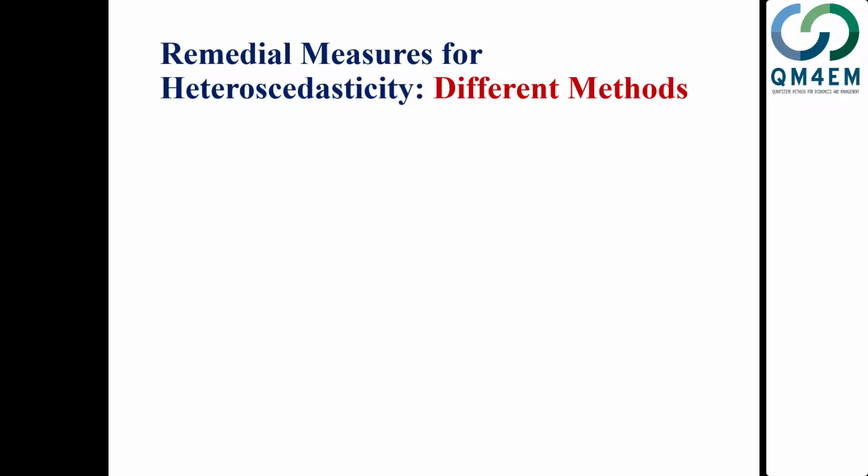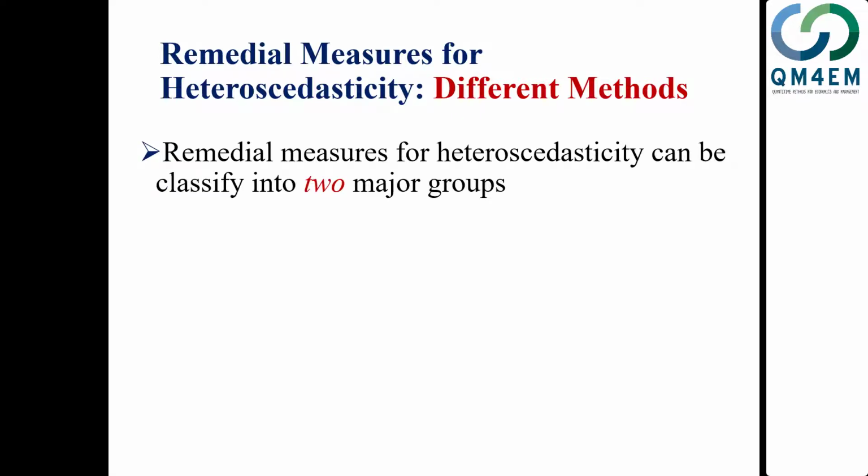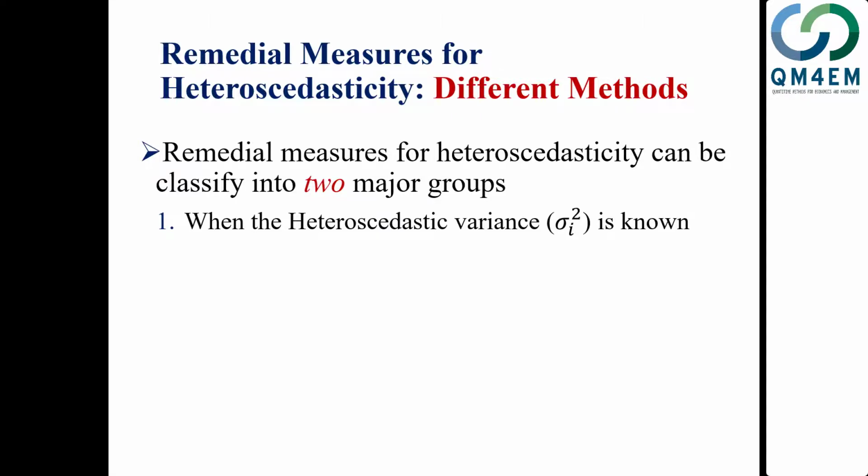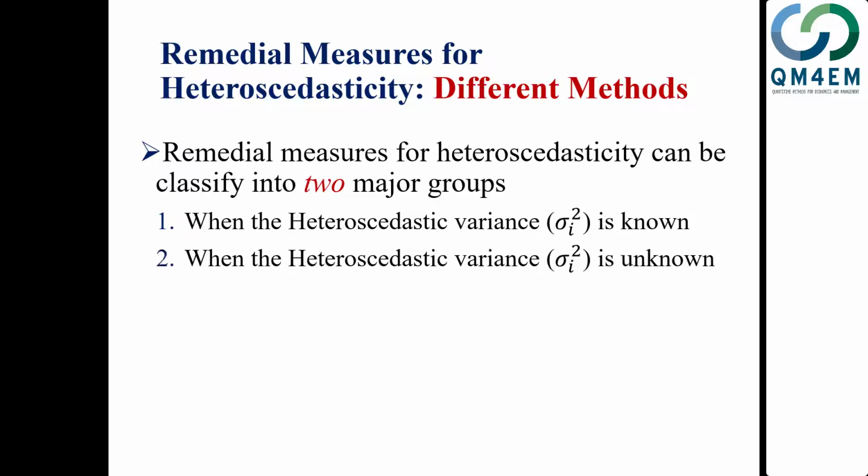Moving toward the remedial measures for heteroscedasticity, there are different methods, and we can group them into two major groups. The first group of methods is for the case when we know the heteroscedastic variance. The second group of methods is for the case when the heteroscedastic variance is unknown.